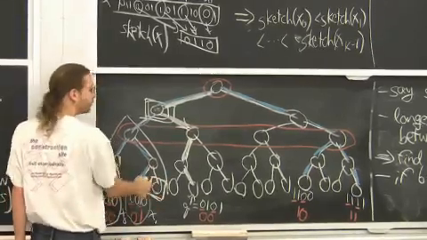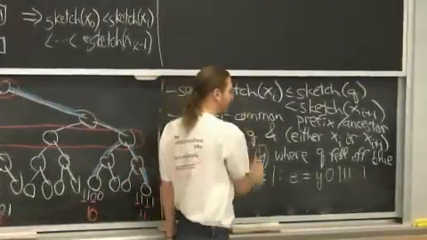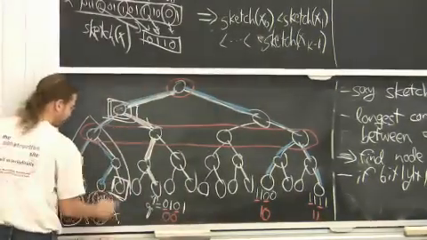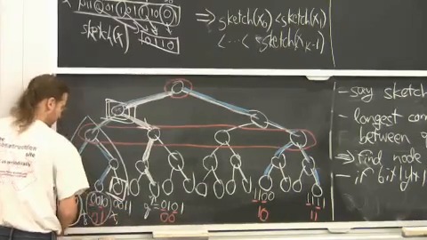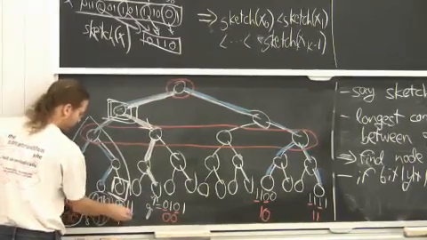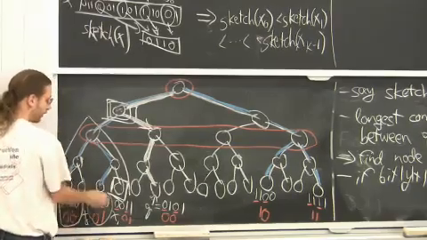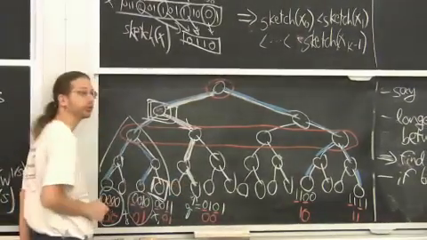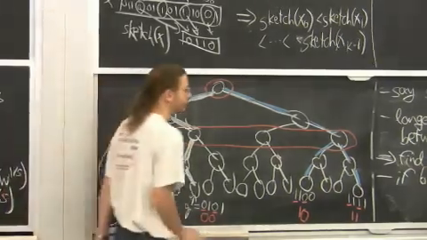And then we're going to do, again, this search in sketch space, but now using E instead of Q. If we do that, what is this node? Let's label it 0011. If you look at the sketch bits, this has a sketch of 01. So if I did a search here, I would actually find that this is the answer, and that actually is a predecessor of Q.